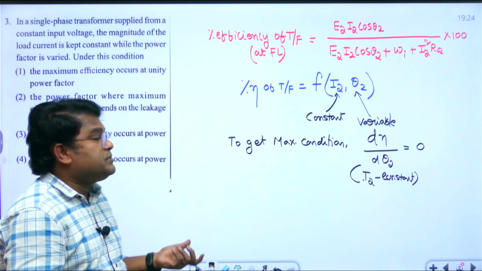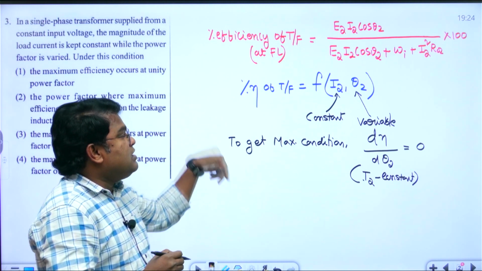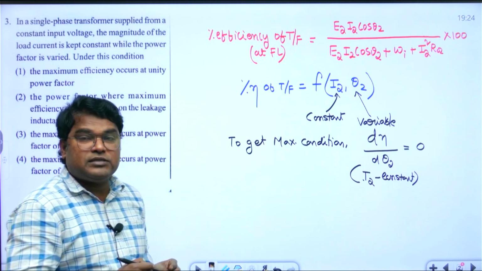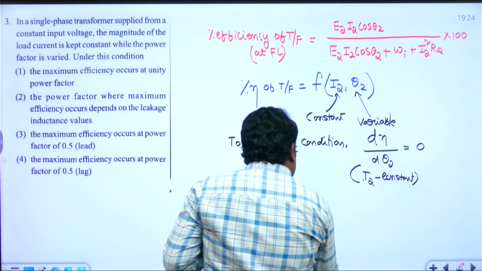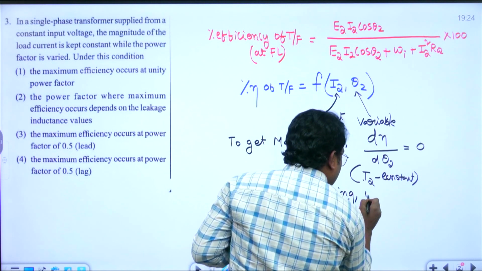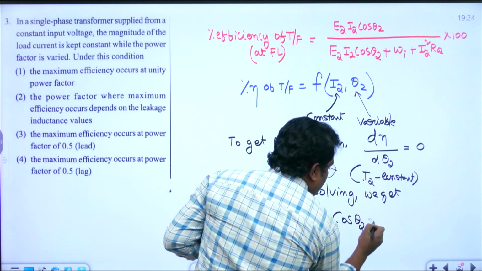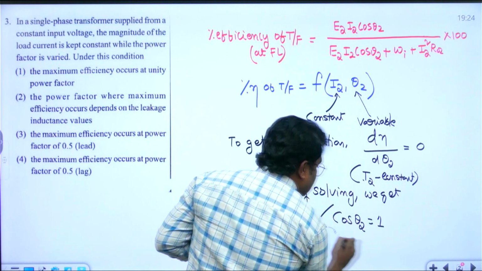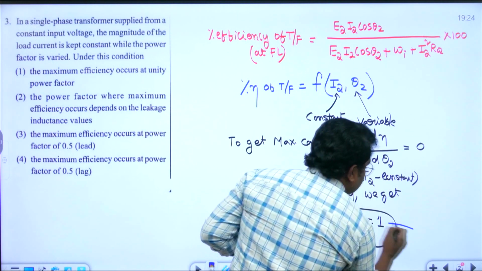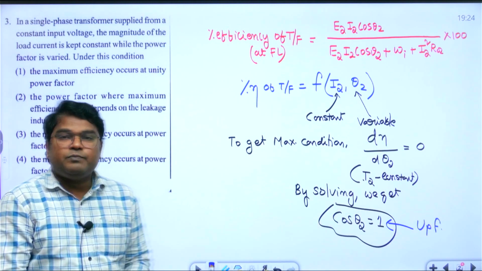By solving this equation, we get cos theta 2 equal to 1. This is nothing but the unity power factor. So what is the answer for this question?